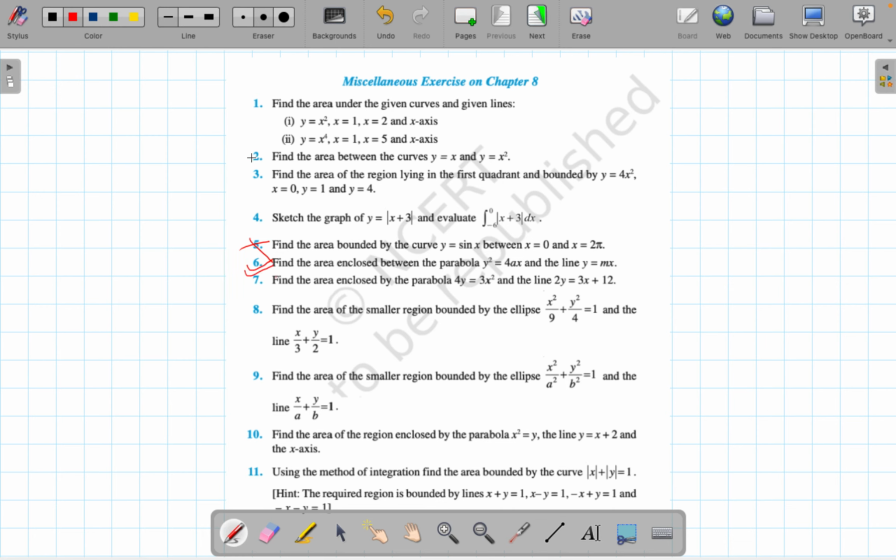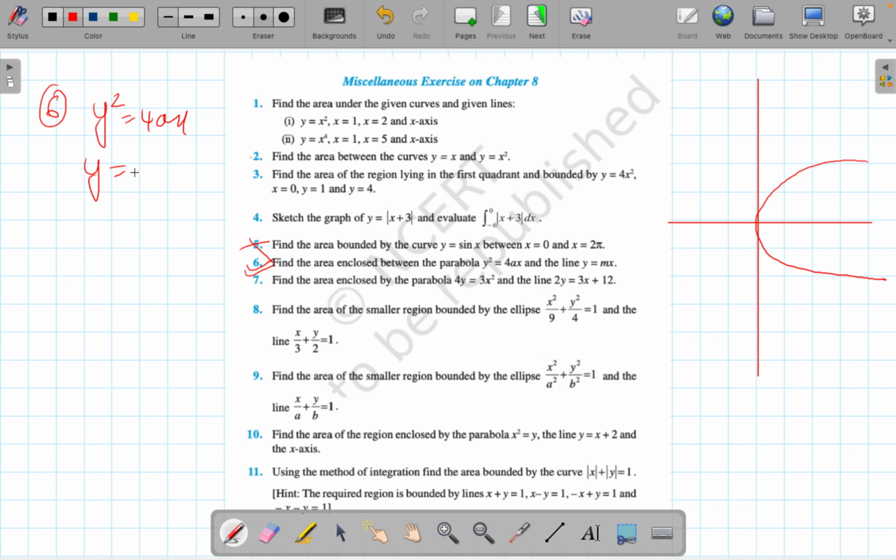6 and 2 are almost same. We will plot a parabola first. Let's see and quickly plot. Don't get bothered about the value of a and x and m, you don't have to worry. Parabola symmetrical towards x axis, so it will look something like this, parabola. Then there is a line. Again, let's find out point of intersection. Y square is equal to 4ax, y is equal to mx.